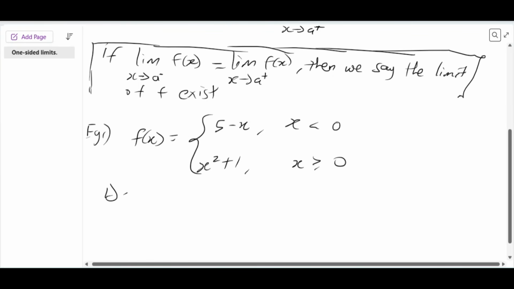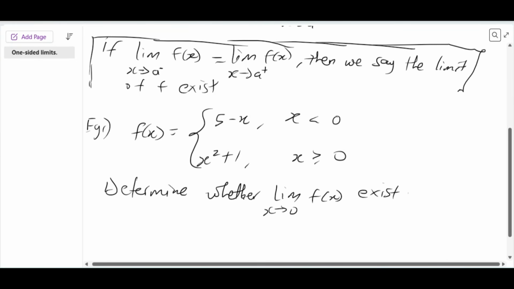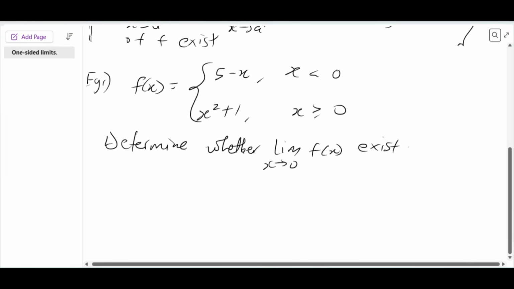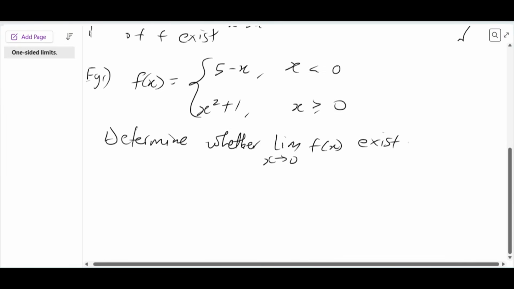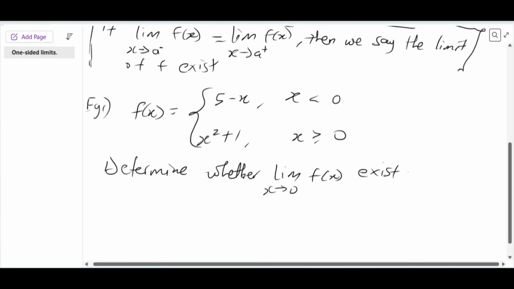The question is to determine whether the limit as x approaches 0 of f of x exists. We want to determine if the limit exists as x approaches 0. So you remember this particular condition.